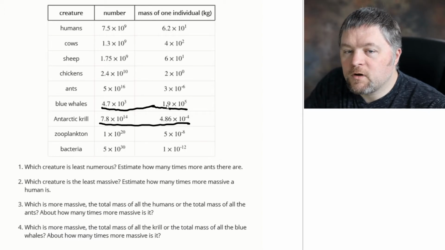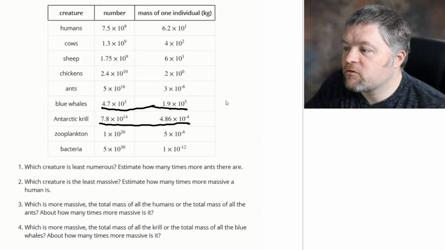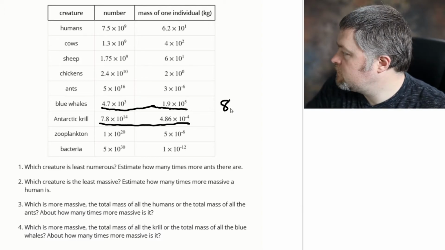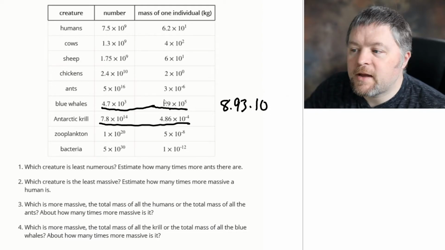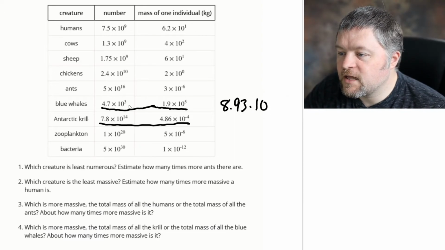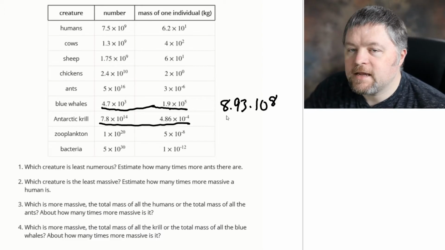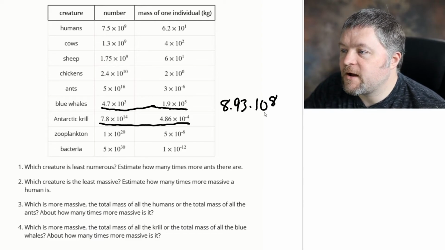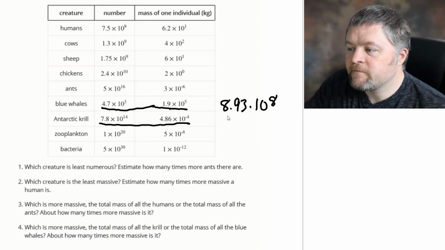4.7 times 1.9 is 8.93 times 10 to the power of, multiplying, so we add the exponents. 3 plus 5 is 8. 8.93 times 10 to the power of 8 is the mass of all the blue whales on the planet.